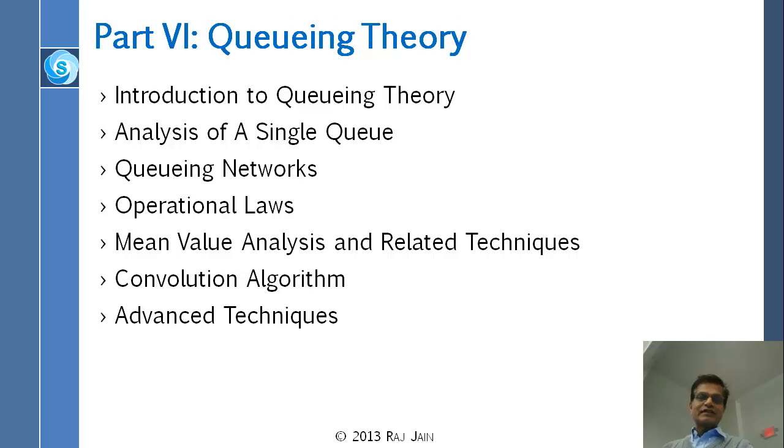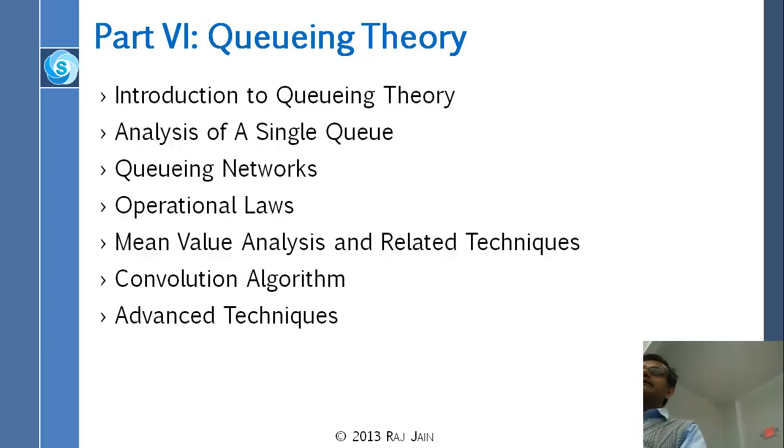So queuing networks, then something called operational laws, and that is what I really want to teach, because operational laws are what we call back of the napkin calculations. Most courses in queuing theory teach you very deep queuing theory, some of which I cannot even read without going crazy. It's so many equations. But in the real world, what works is something you can explain to your boss on the back of a napkin.